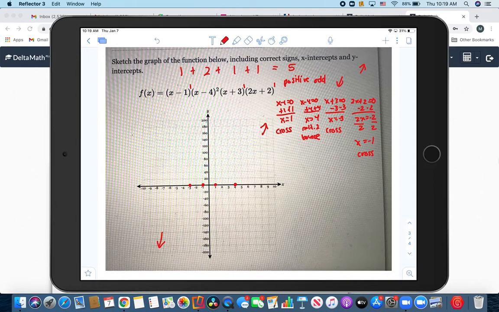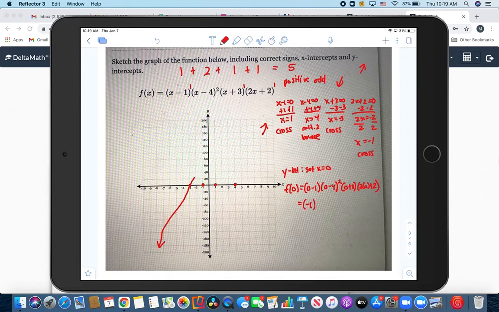So let's begin. At -3, it is a cross, so we're going to cross. Oh, sorry, I did not solve for the y-intercept. So for the y-intercept, you guys, you set x equal to 0. (0 minus 1), (0 minus 4) squared, (0 plus 3), and 2 times (0 plus 2).